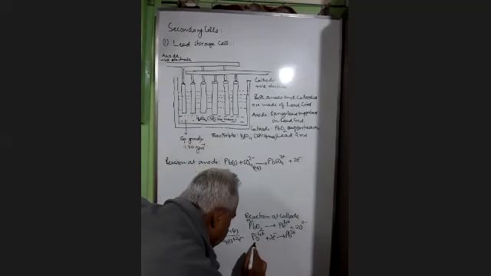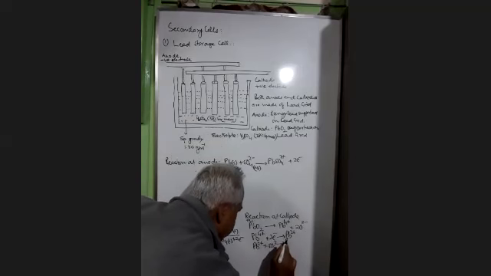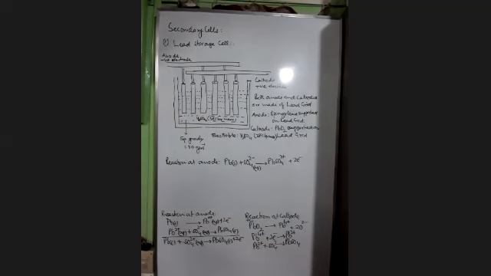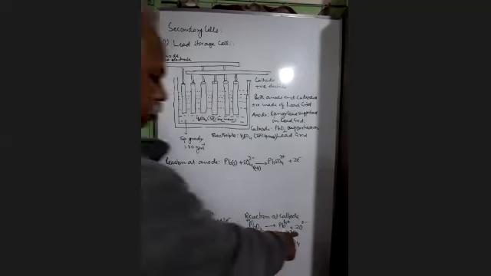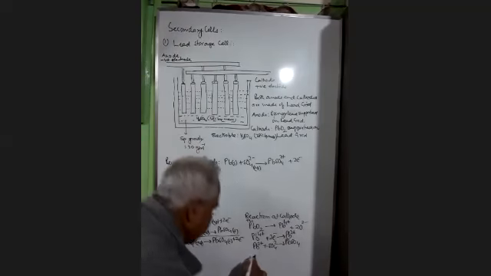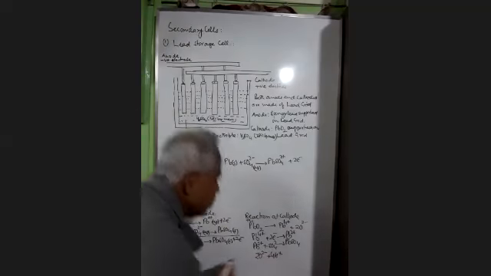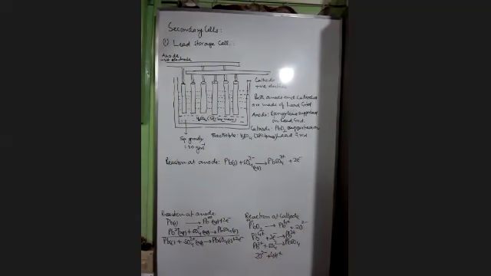Now again we know Pb2 plus combines with sulfate to become lead sulfate. What will happen to O2 minus? 2O2 minus will combine with 4H plus. So you can ask me where 4H plus has come from.